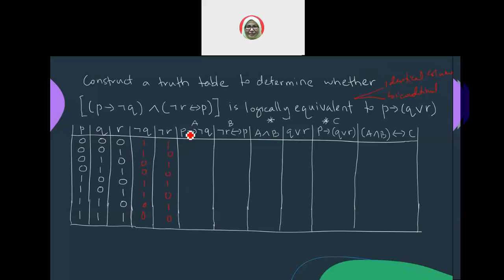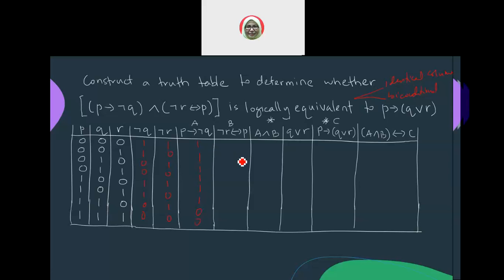Okay, P implies not Q. So 0 implies 1 is 1, 1, 0 implies 0 is 1. So this also 1 1, not Q, this also 1 0 0 1, 1 to 8.